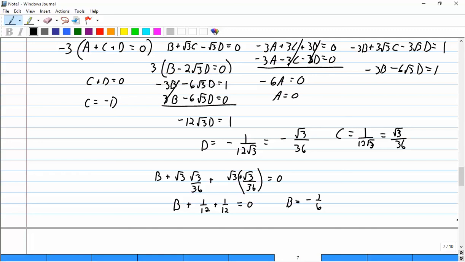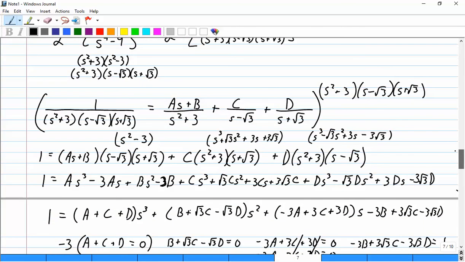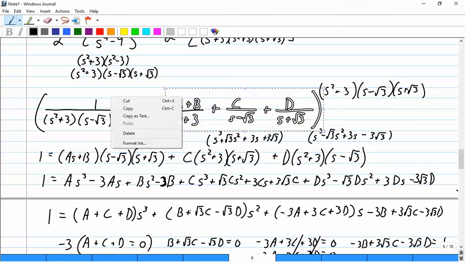Alright, so I've solved for a. We got that as 0. b is negative 1/6. c is, I don't care how you write it. It looks prettier to me as the square root of 3 over 36, but you know, just whatever is best for you. So I'm going to take this part because this is what I need. Copy that.